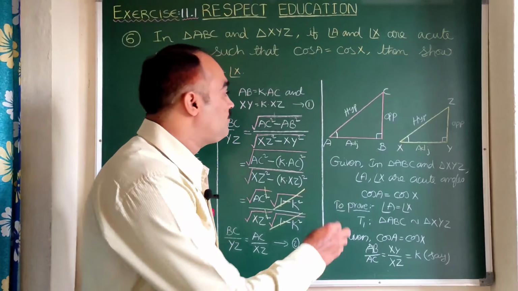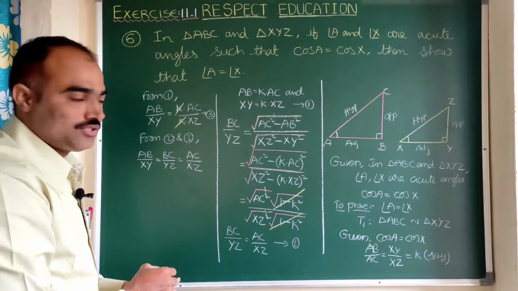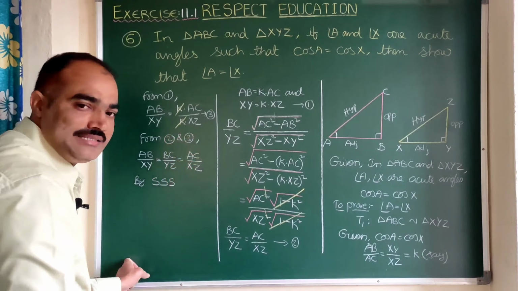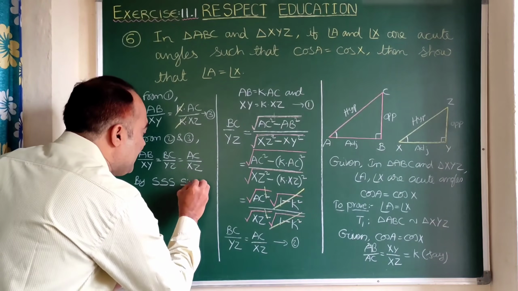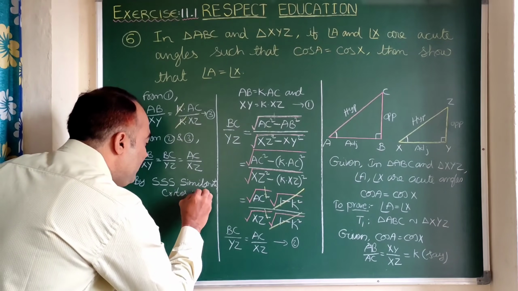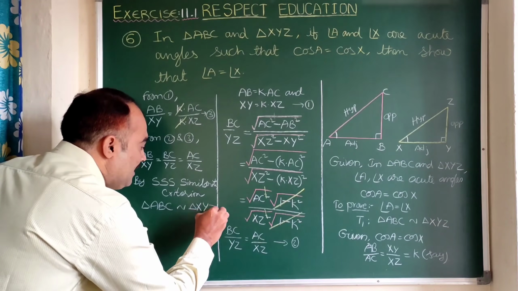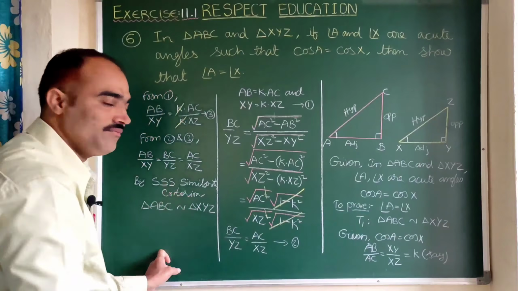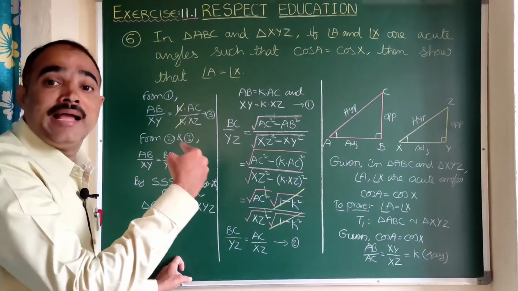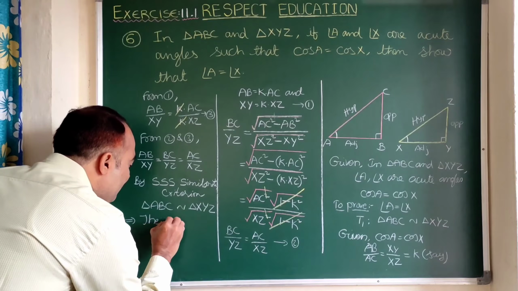That means the 3 sides, their corresponding sides are in proportion. Is it clear? So by the side-side-side similarity criterion, we can say triangle ABC is similar to triangle XYZ. When two triangles are similar, their corresponding angles are equal.